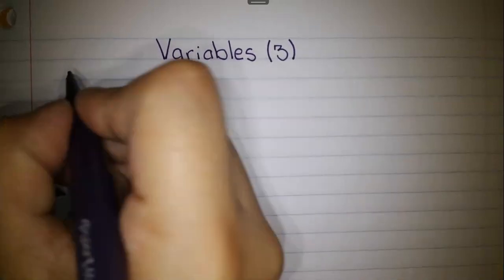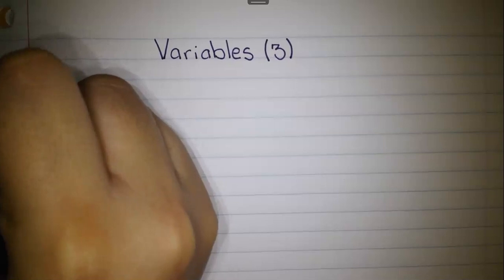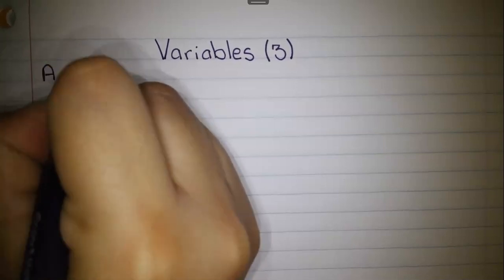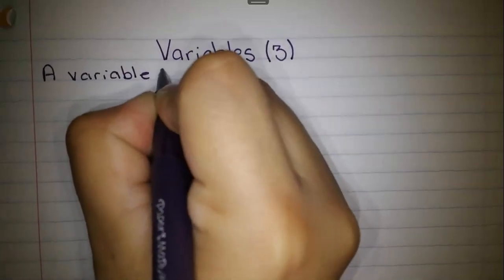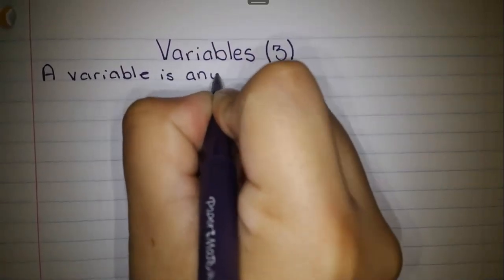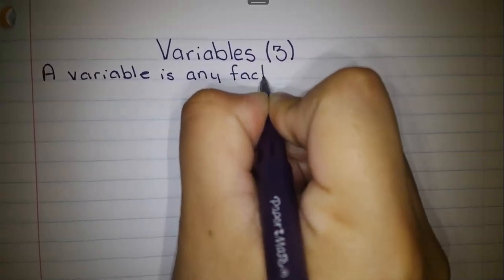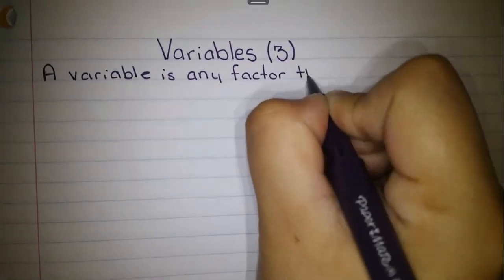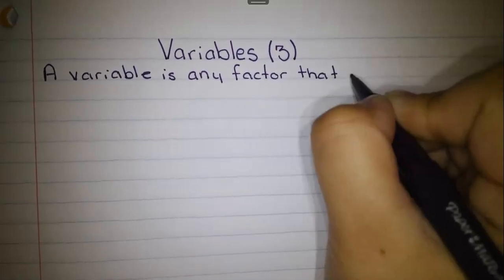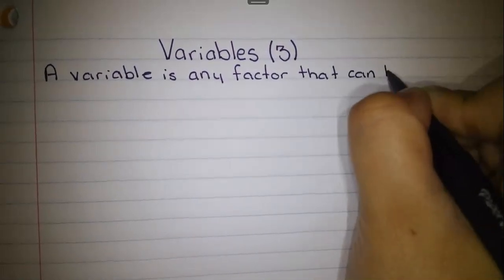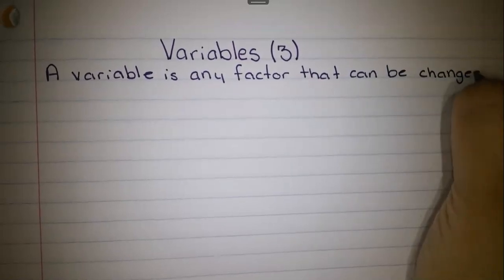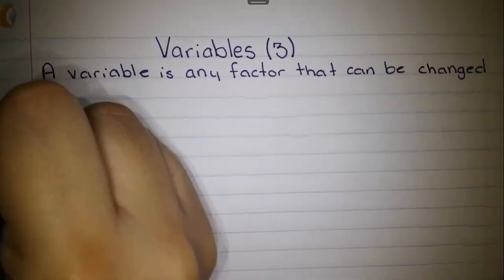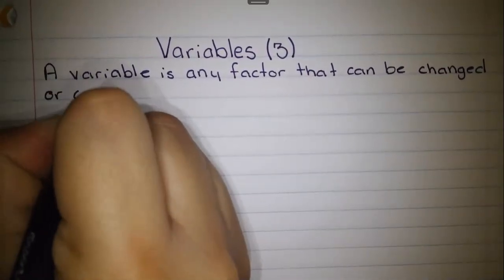Well, first of all, there are three variables, but a variable is any factor that can be changed or controlled.